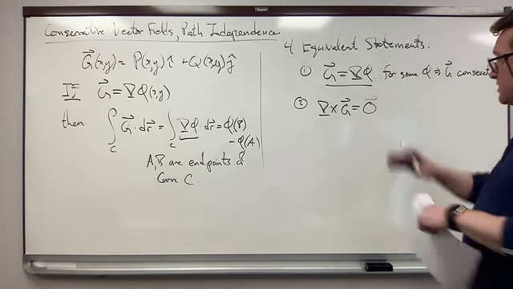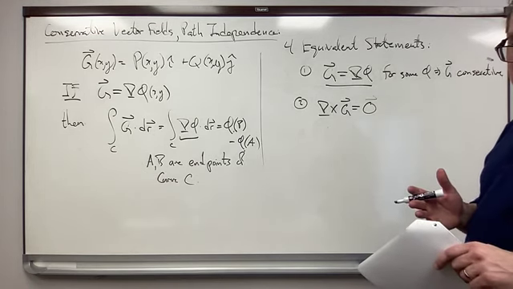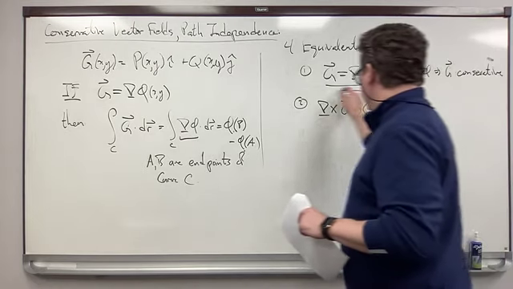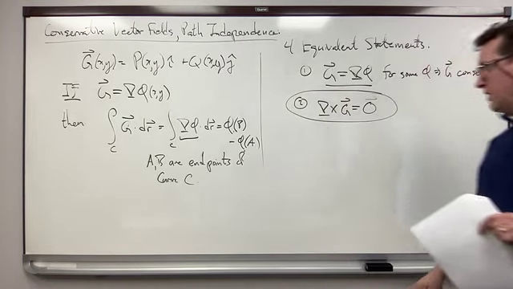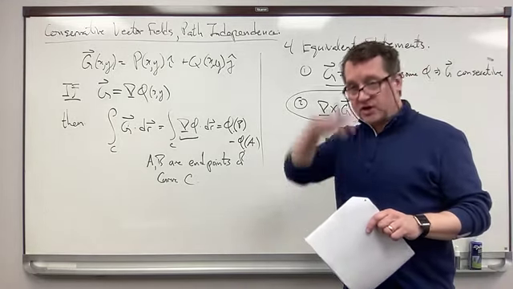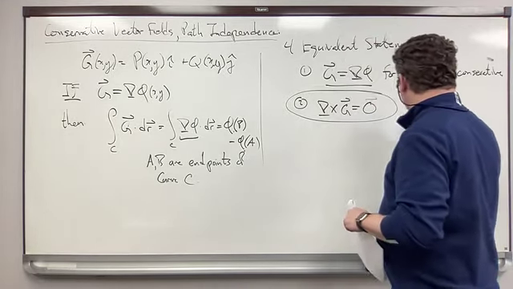If you're just looking at an integration and you've got this vector field and we have to decide whether it's going to be conservative, we're actually going to calculate its curl and check if it's 0. And if it's 0, then we know we've got a conservative field and we can do our other things. So this is very important.